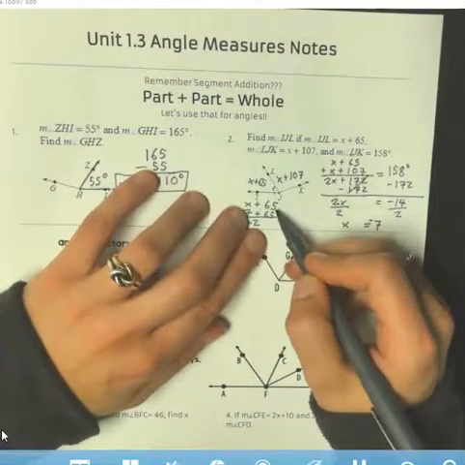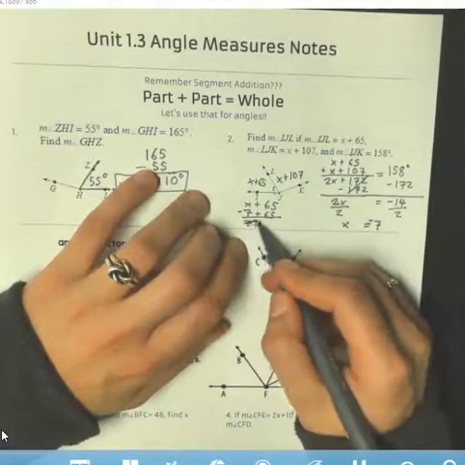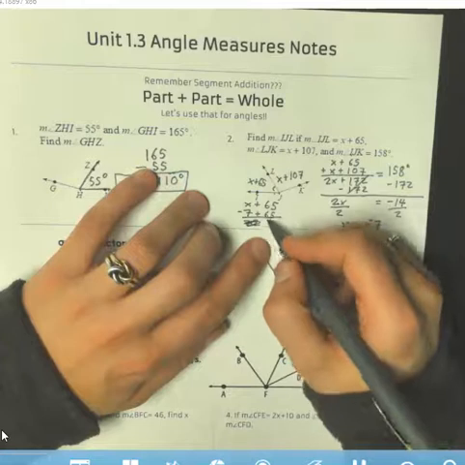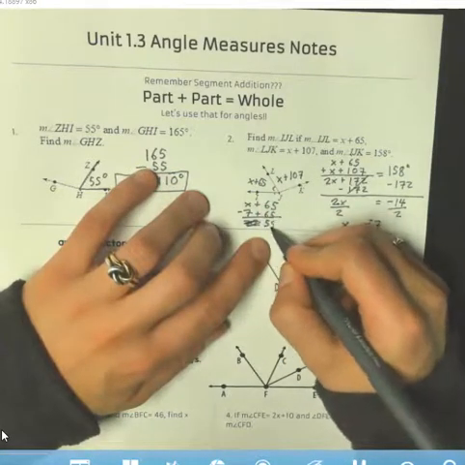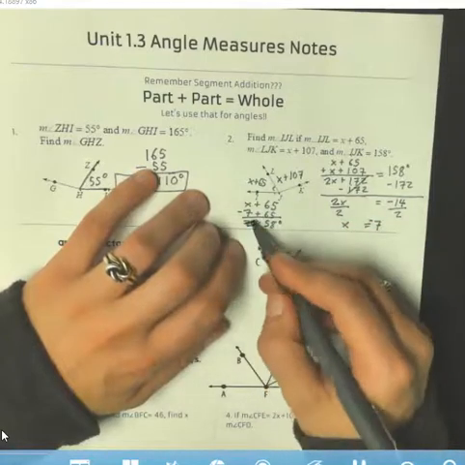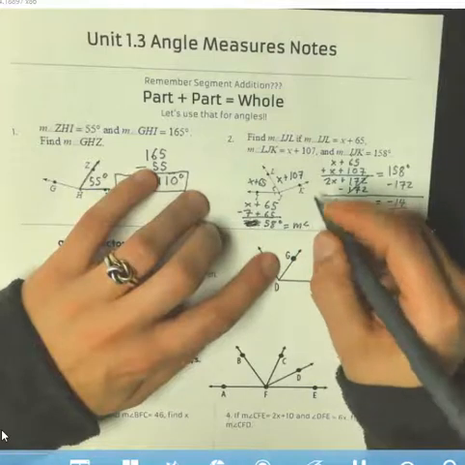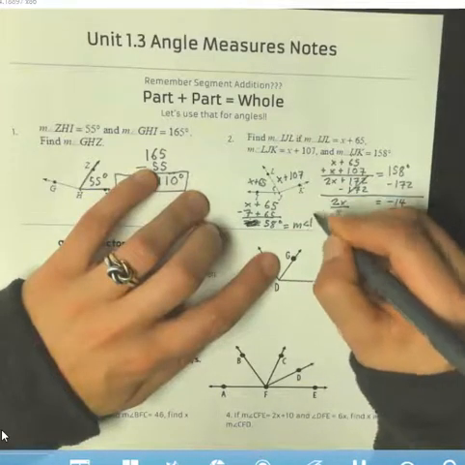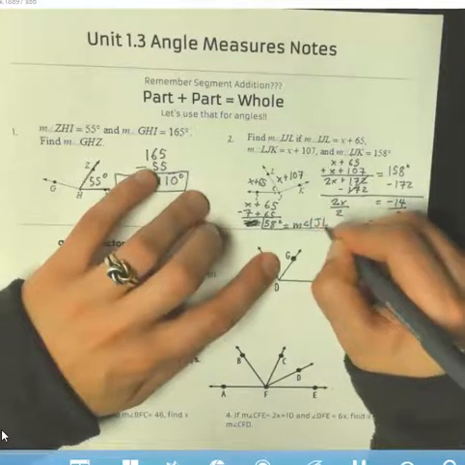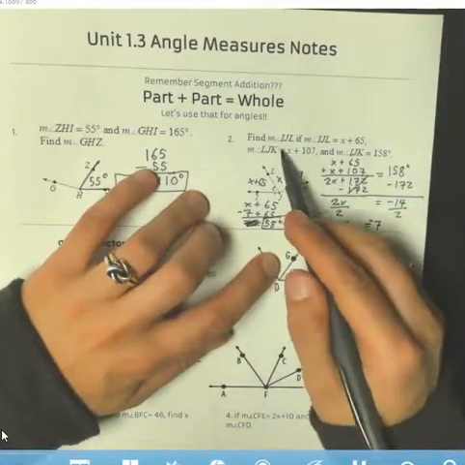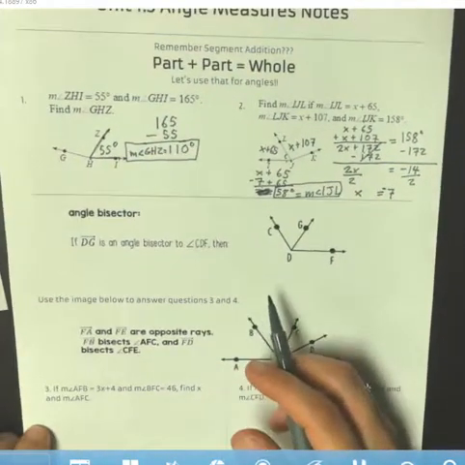So I write down x plus 65, and I get negative 7 plus 65, and then that will give me 58. So 58 degrees equals the measure of angle IJK. Does that answer my question? Yes.